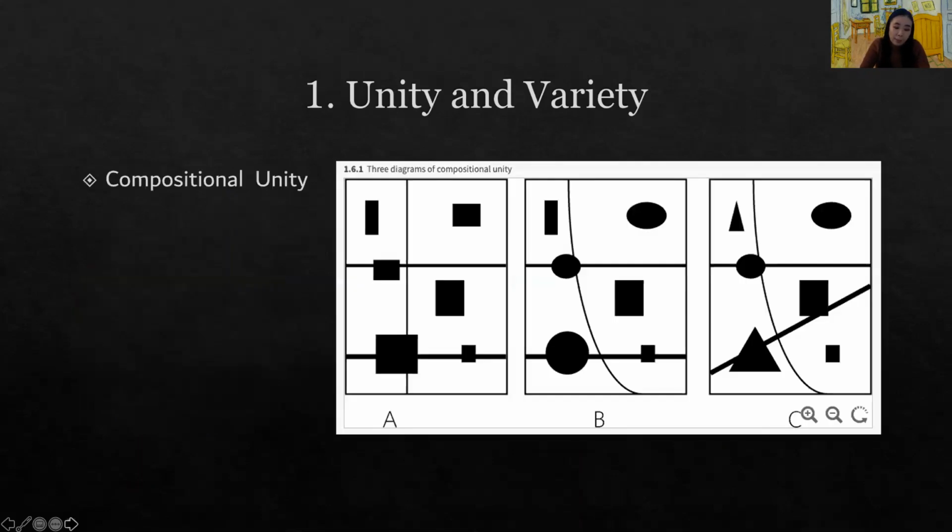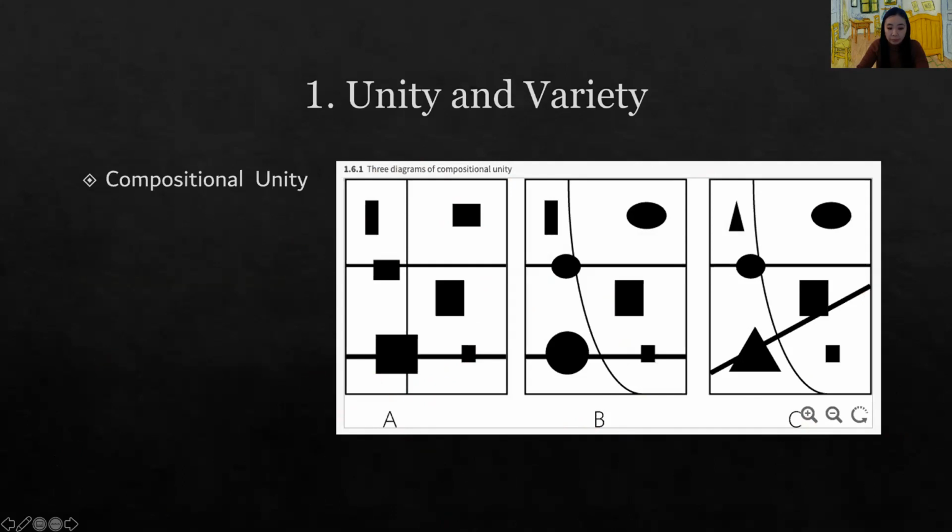So an artist creates compositional unity by organizing all the visual aspects of a work. There are three diagrams of compositional unity. Although A is unified, it lacks the visual interest of B. One second, someone is coming in.